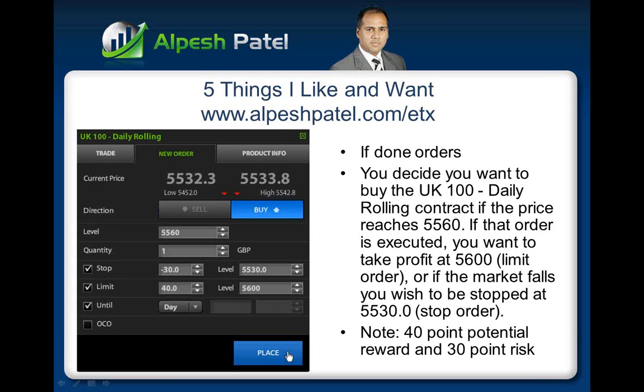I'll have lost 30 times 50, and I will have made 40 times 50. In other words, I'll have made 2,000 and lost 1,500. So I'll have made 500 overall. That could be £500 over those 100 trades.